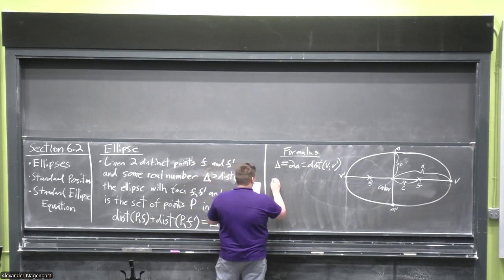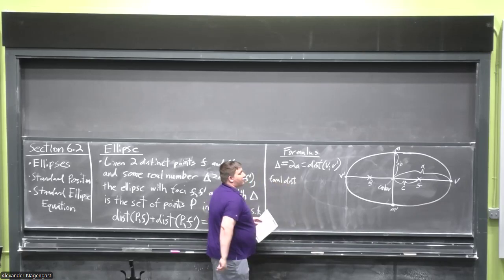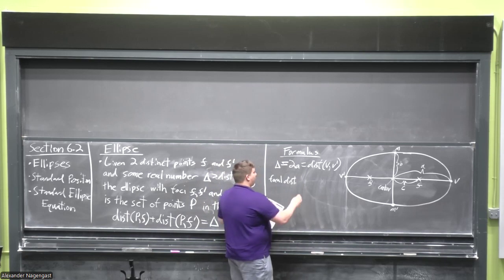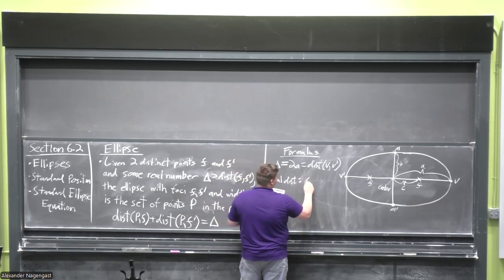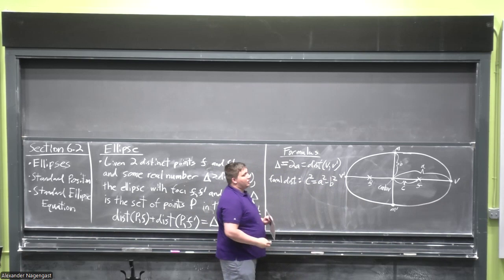Well, the focal distance, this is another term for C. We get the following equation: C squared equals A squared minus B squared.